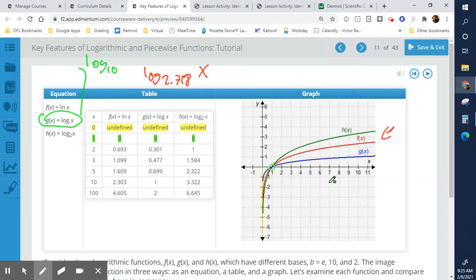So what we can see here is that at first our growth is happening a lot faster. If we look at log base 2, it grows faster than the other ones. And the reason why is that we're dealing with essentially negative power.